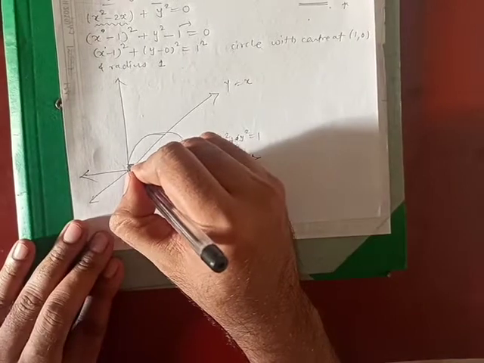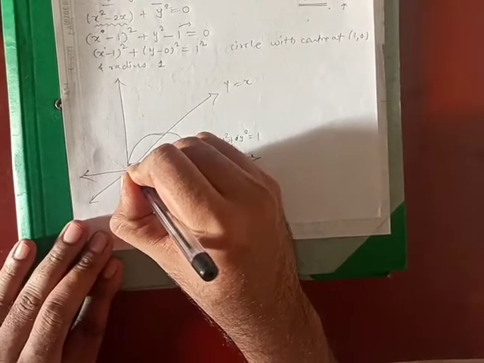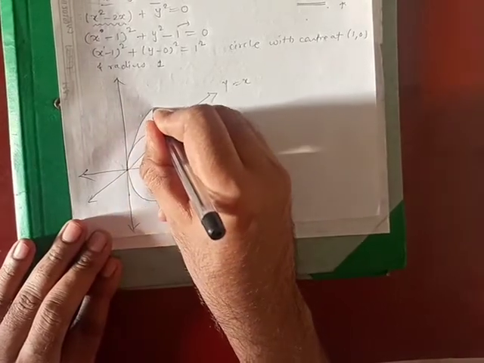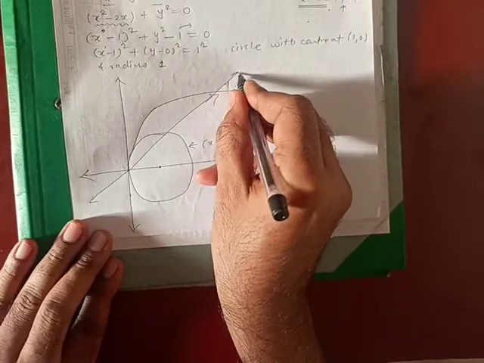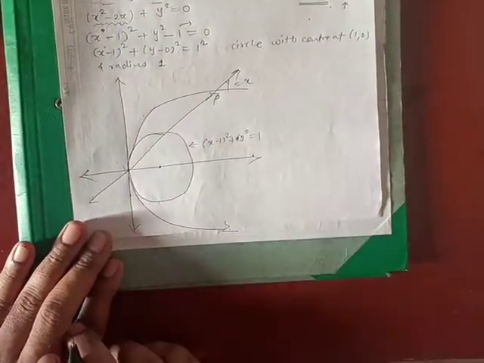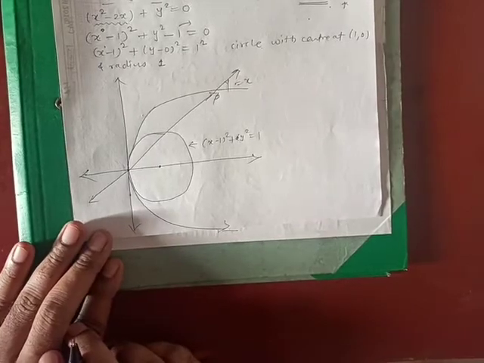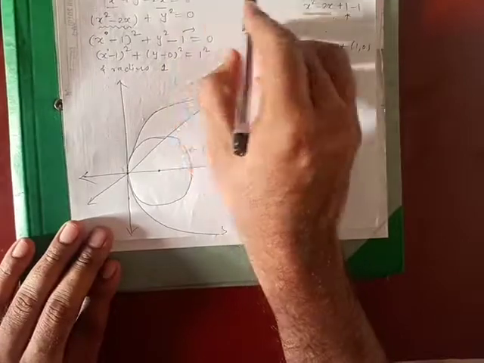Next is a parabola. Now this parabola y square is equal to 2x will be somewhat like this. I have to extend this like this, right? And therefore the region of integration is bounded by these three curves.